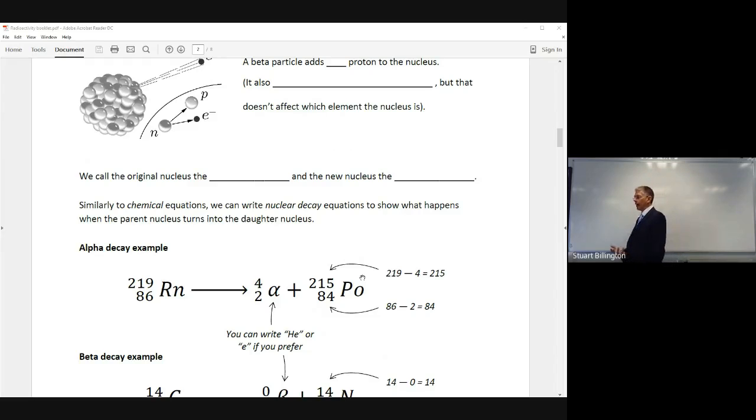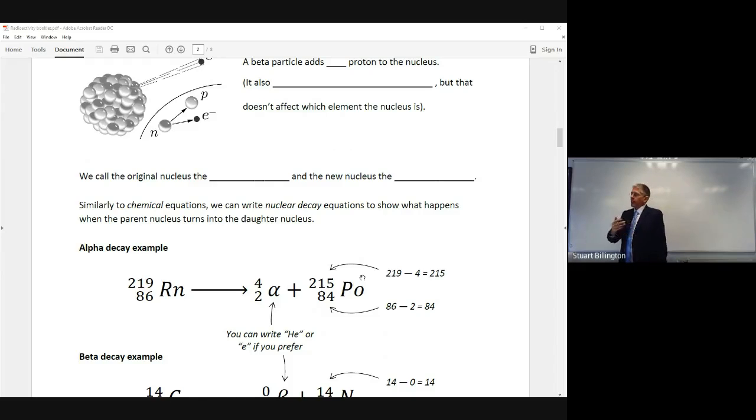What's going to happen then is that the radon nucleus is going to decay. So the arrow in a nuclear equation is pronounced decays into rather than produces. So radon 219 decays into, and there's the alpha particle with its 4 protons and neutrons, and also of that, 2 of them are protons.